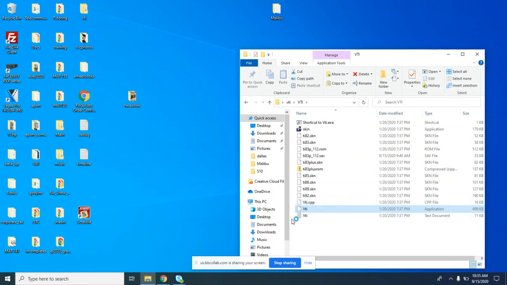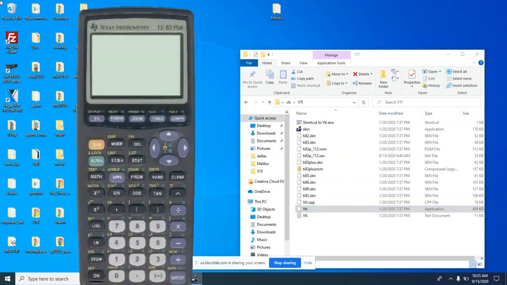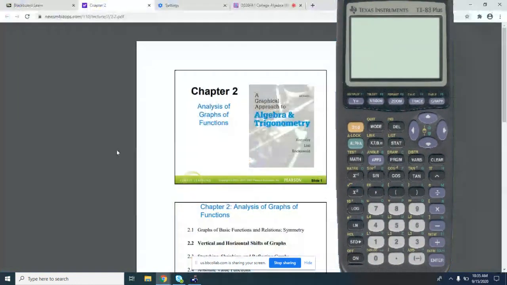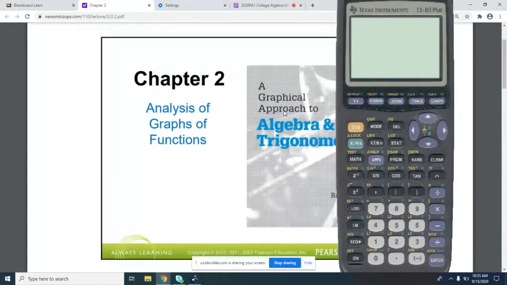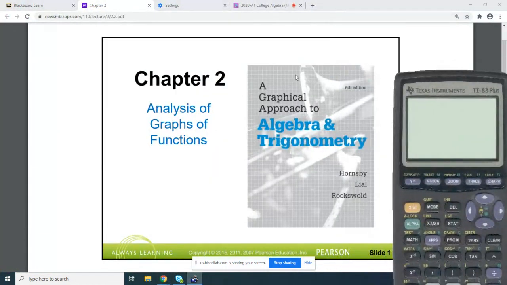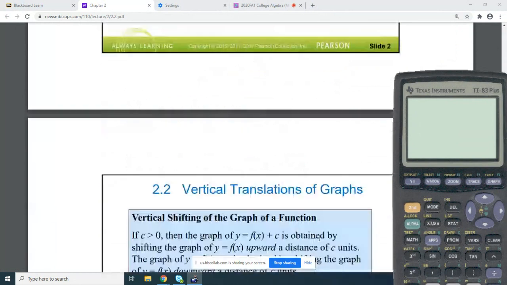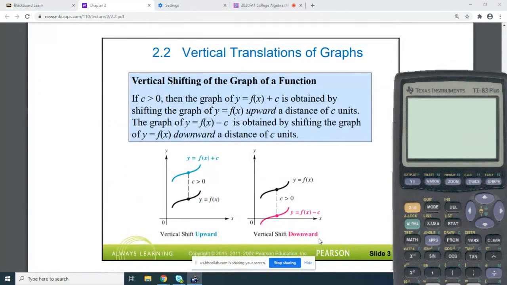We can take a function, or in particular those 5 functions we talked about earlier, and we can shift them up, we can shift them down, we can shift to the left, we can also shift to the right. Okay, and once we make the shifts, how does the formula now look? For the first couple of translations, we're going to talk about vertical shifts up or down.